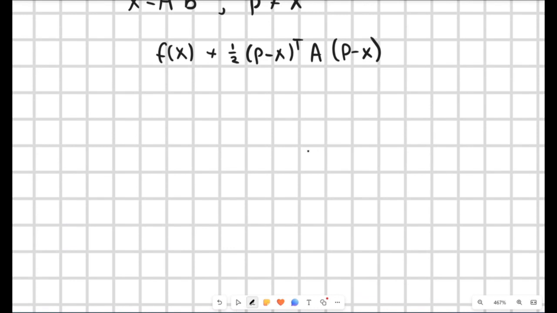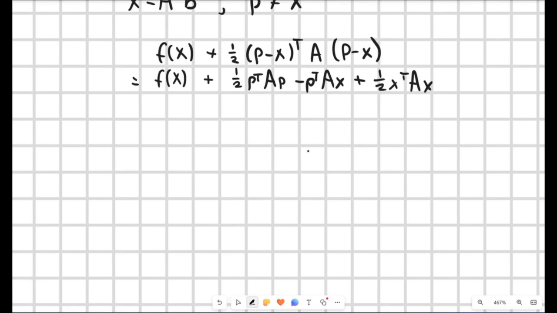So first of all, we're going to expand the brackets. So we have f of x plus, and if you go through all the expansions, you end up with a half p transposed Ap. Then we have a minus p transposed Ax. Then at the end, you're going to have a half x transposed Ax.